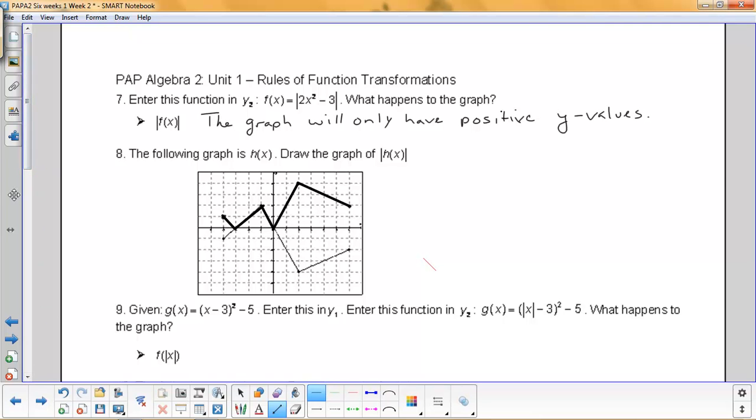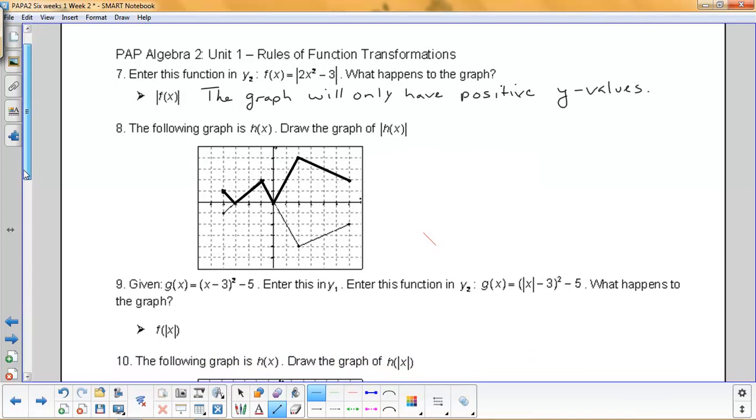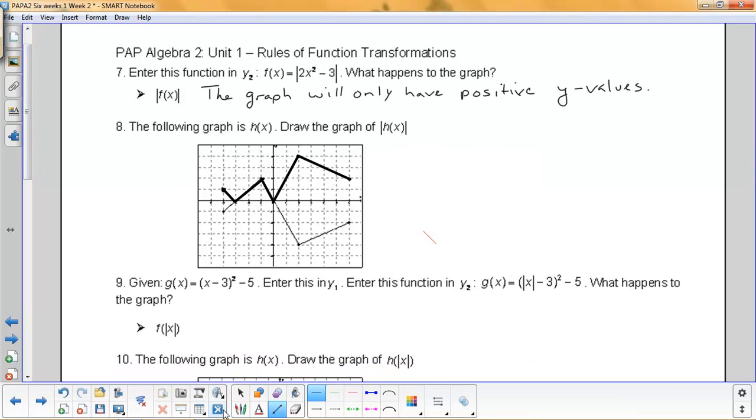Okay? Alright. Moving on down to number 9. Here we go. Okay. What happens here is the graph will only have positive x values. It's a little bit more complicated, so I want to make sure that you understand what you're looking at here. All negative x values will be removed.